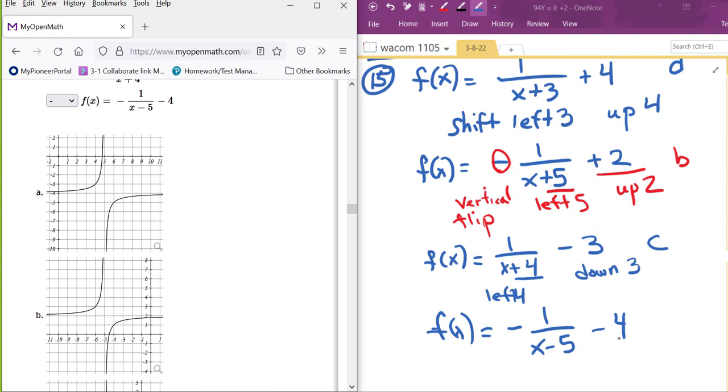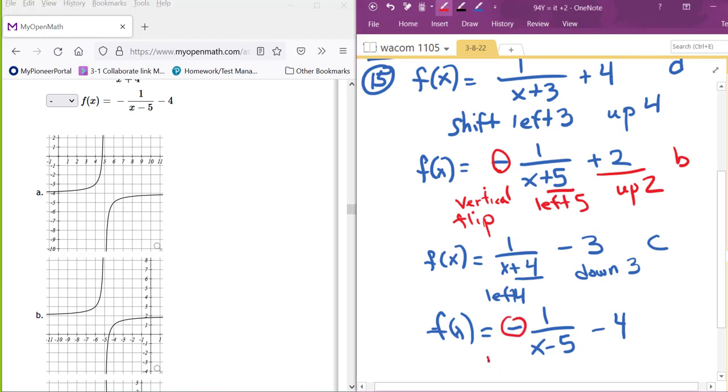Okay, so that takes care of your vertical flip. This one is going to move to the right 5 and down 4. All right. It has moved to the right 5 and it is down 4. So this will be choice A.